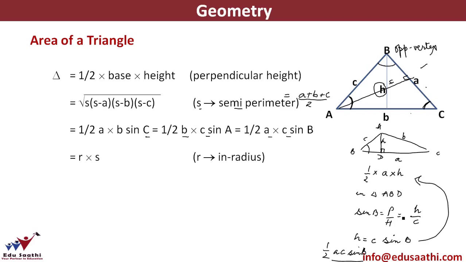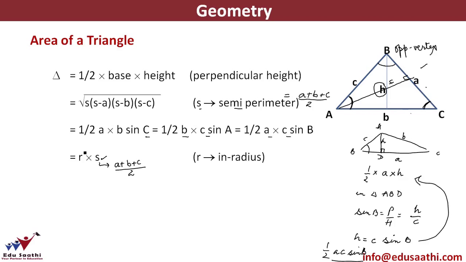There are two more formulas for finding out the area of the triangle. For the time being, you can remember the formula. I'll explain it in detail as we move further. Area of the triangle is also given by R into S. S again here is the semi-perimeter, which is found by finding the perimeter and dividing it by 2.